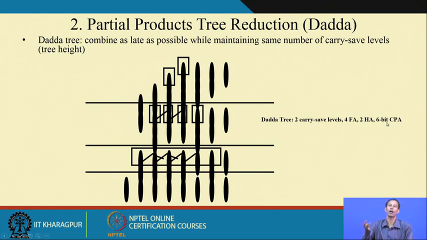In the previous case I used a 4 bit carry propagate adder and 8 adder cells, 5 full adders and 3 half adders, but in the Dadda tree method I have to use a 6 bit carry propagate adder instead of 4 bit.